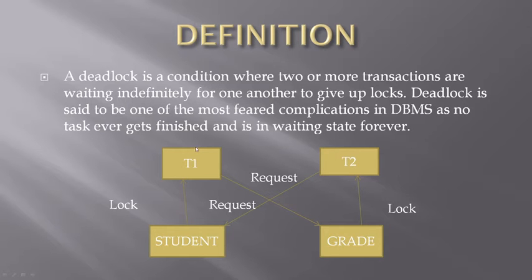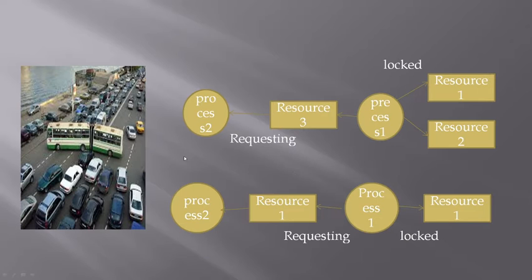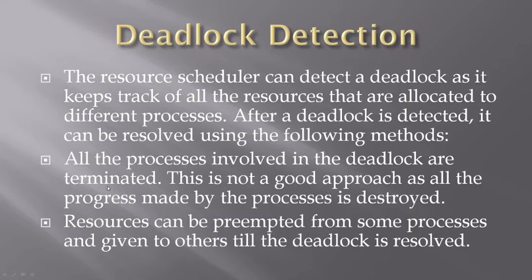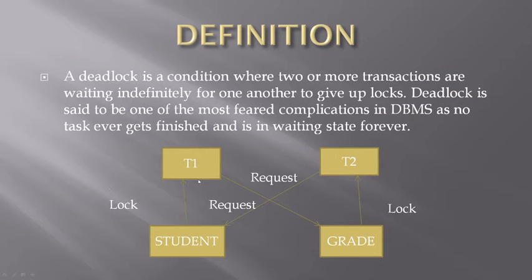For example, T1 is a transaction that accesses a student database, and T2 is another transaction that accesses a grade database. Here the T2 transaction requests the student and the T1 transaction requests the grade.